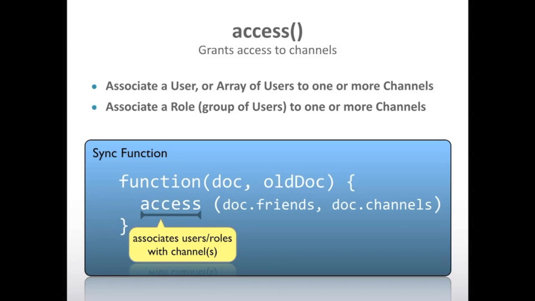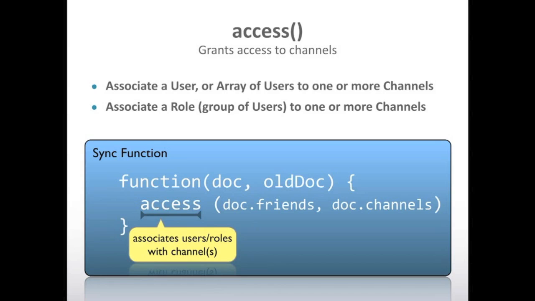This doc.friends parameter, the first parameter, is a list of users or roles, and roles look like the word role, colon, and the role name. It can be an array of users, or an array of users and roles together.